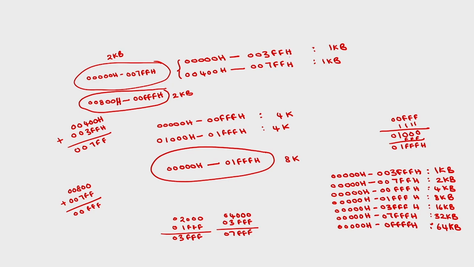This is the table which gives 1K, 2K, 4K, 8K, 16K, 32K, 64 kilobytes, starting with 00000H. Okay.